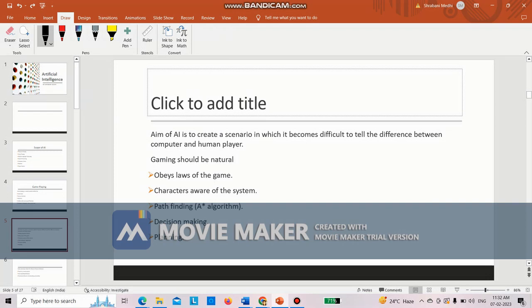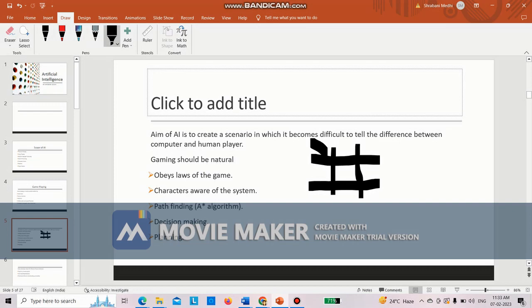Now path finding. What do we mean by path finding? Let us take the tic-tac-toe game again. Suppose a cross is given here. Now a circle is drawn, here I have drawn one circle.